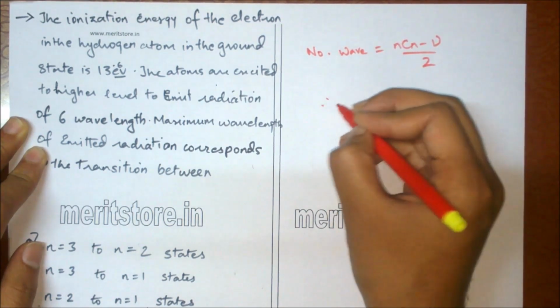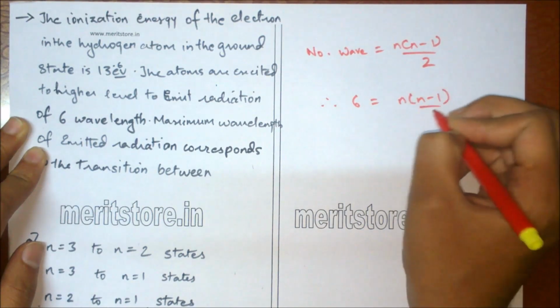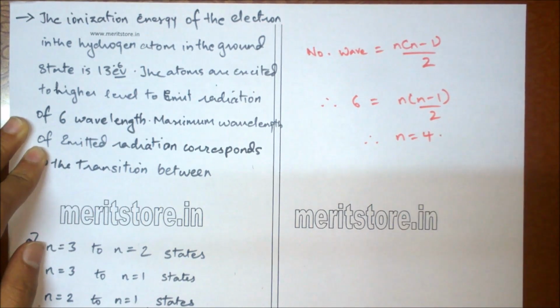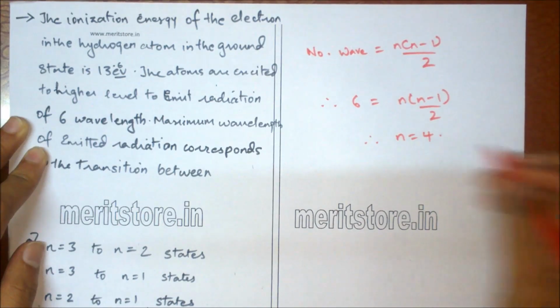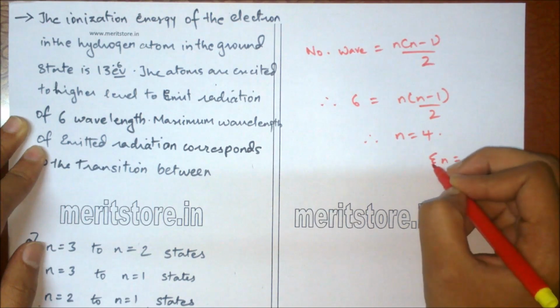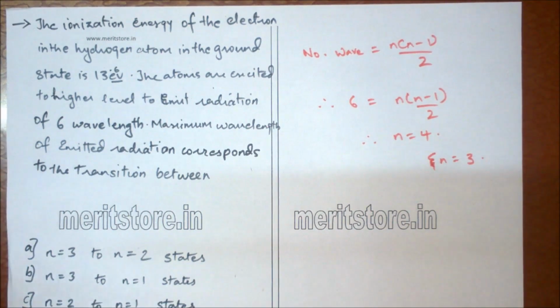So the maximum number of waves is equal to 6, so n into n minus 1 upon 2. On solving this, we get n is equal to 4. In all the options, the wavelength of the emitted radiation will be maximum for the transition n is equal to 4 to n is equal to 3. So option D is the correct answer.